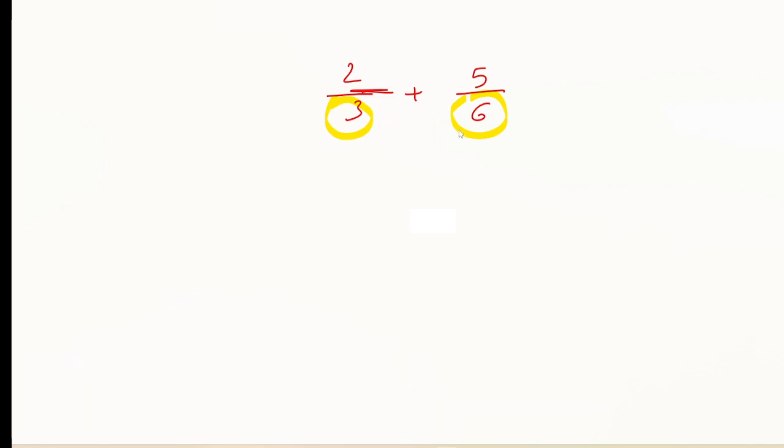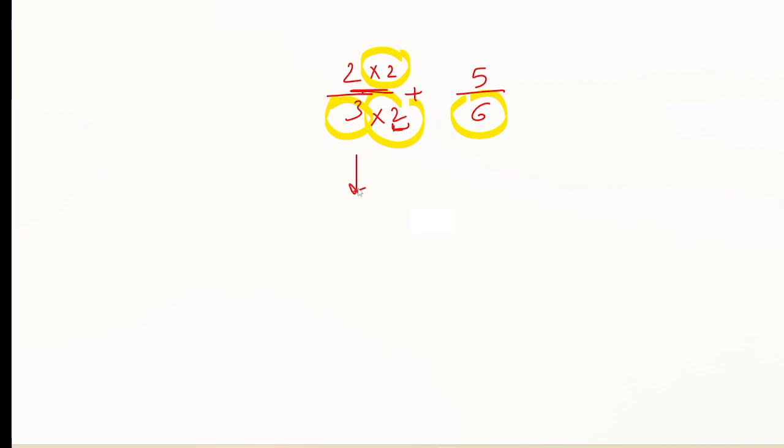How can we make them the same? If I multiply this 3 by 2, I'll get 6, right? If I'm multiplying the denominator by a number, I have to multiply both the numerator and denominator by the same number to keep the balance, right?